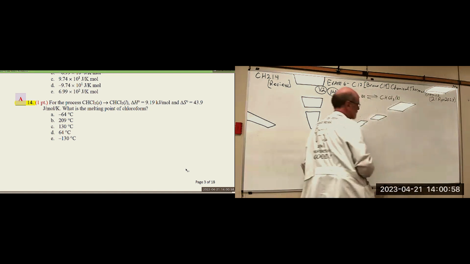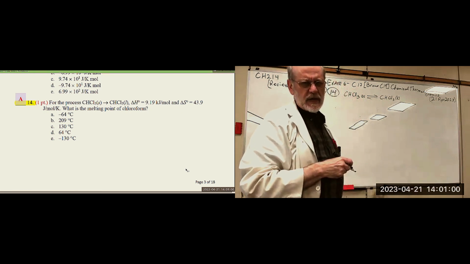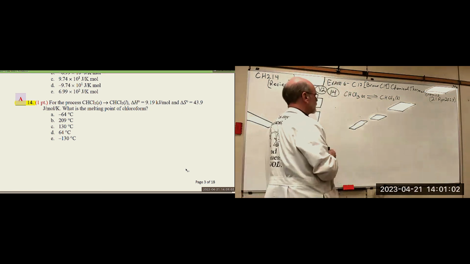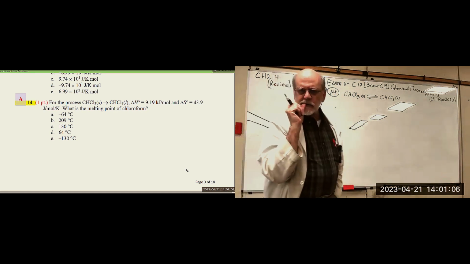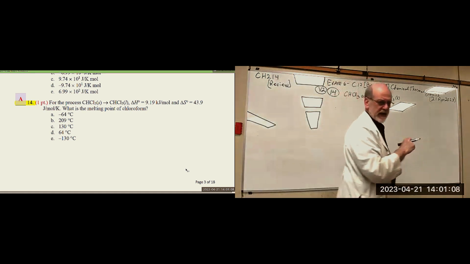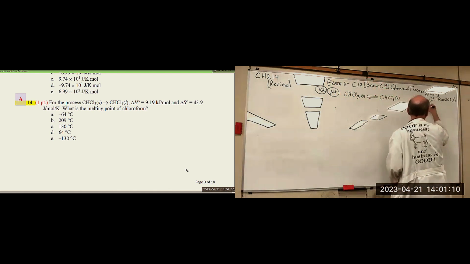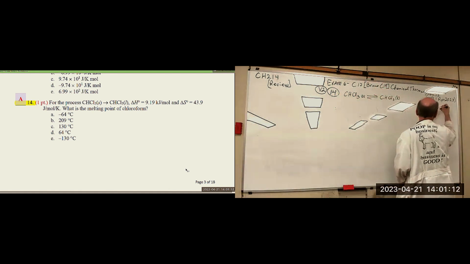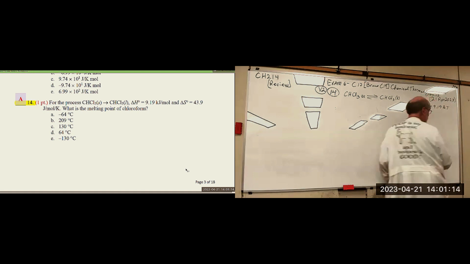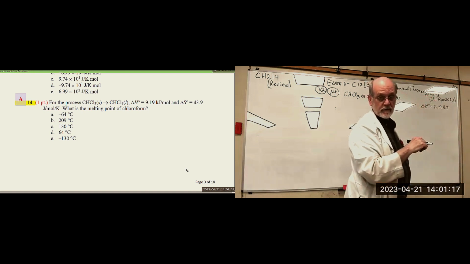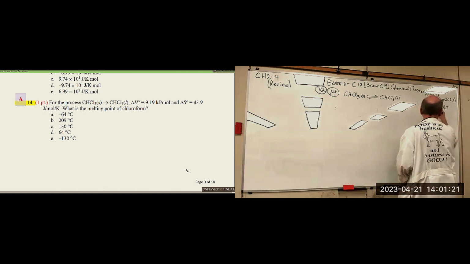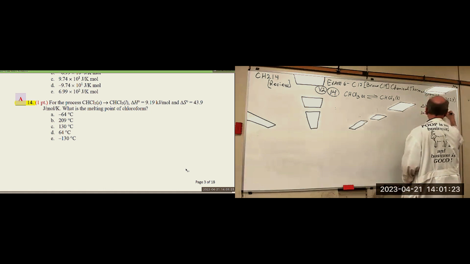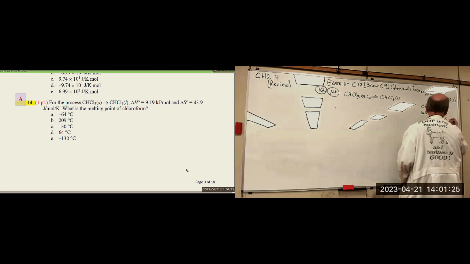I'm just thinking, is that chloroform? Yeah, that's chloroform. Another way to say it is trichloromethane. Anyway, delta H0 is 9.19 kilojoules, and delta S is 43.9 joules per K.